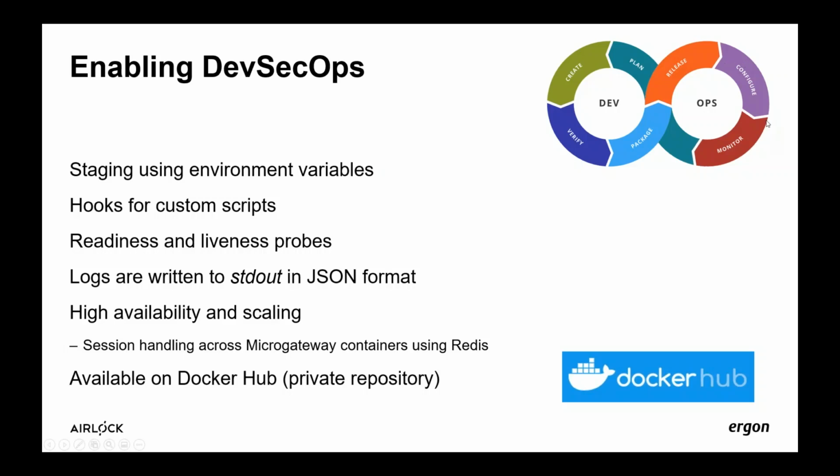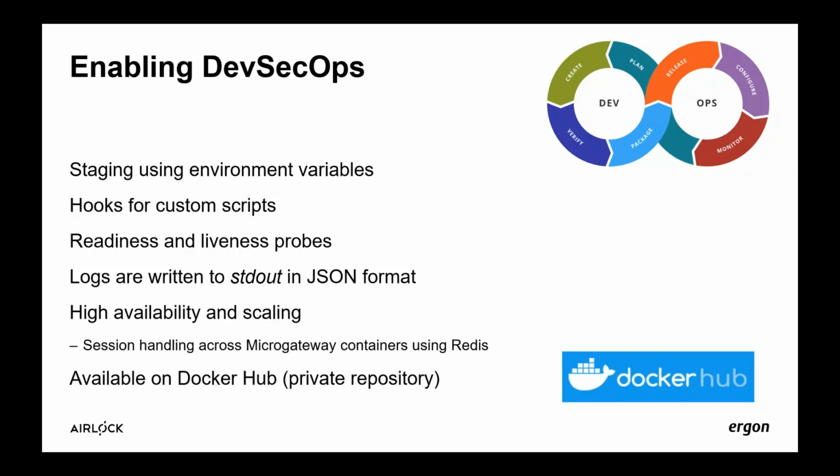As I said, you can run our Docker images, our microgateways, orchestrating using Kubernetes or OpenShift. For those who already worked with this, you might know that it's nice to have OpenShift and Kubernetes doing many things, taking over many responsibilities.